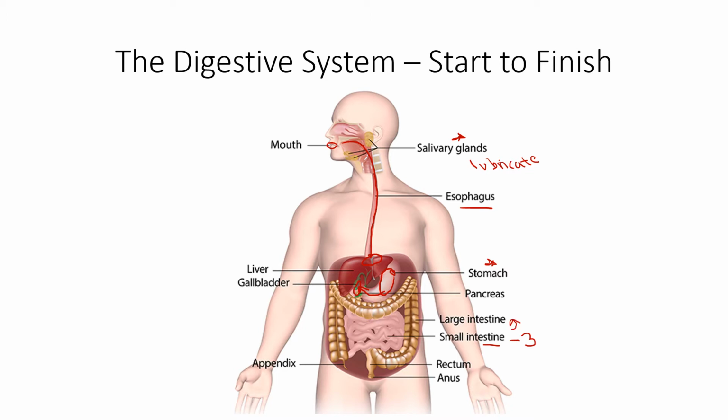And the large intestine is going to be this really big guy right here, coming up, under, and around your entire abdominal cavity. So this is where that small intestine is going to be going into the large intestine.